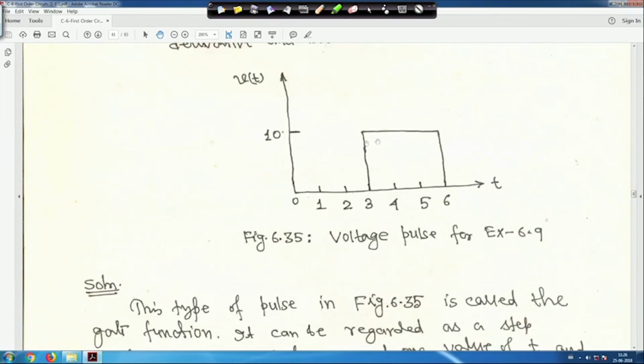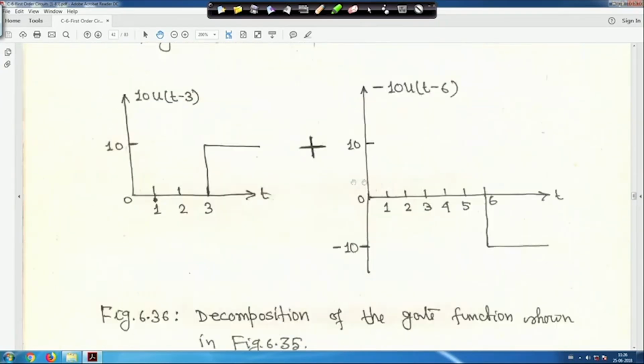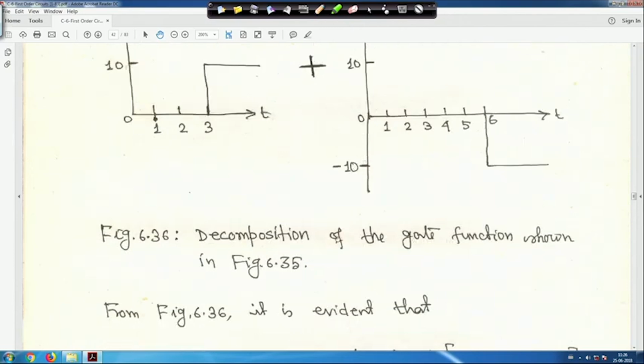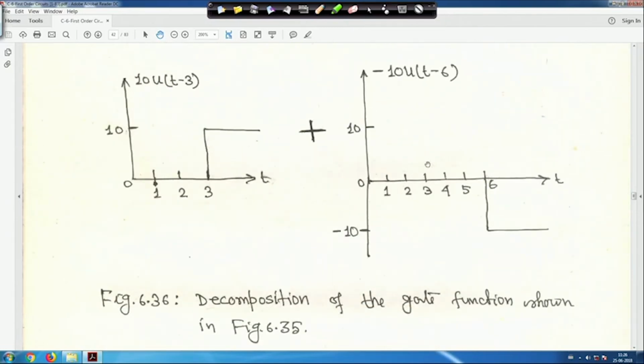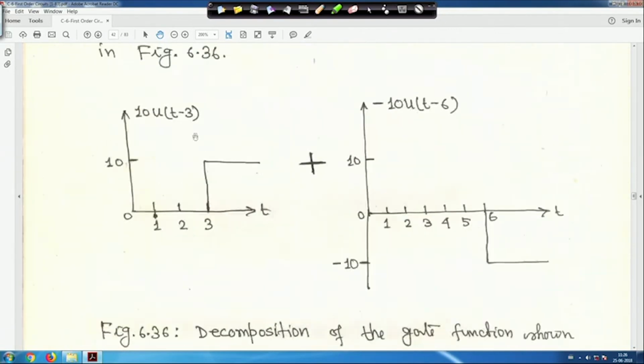This function, figure 35, is equal to the summation of these two step functions. This is the decomposition of the gate function. So Vt is equal to 10 u(t minus 3) minus 10 u(t minus 6).